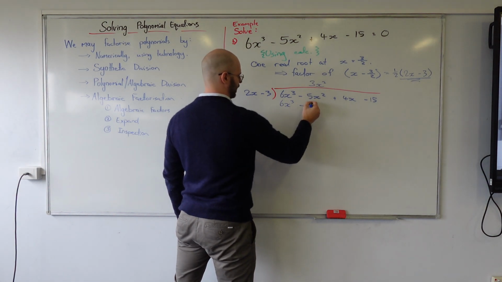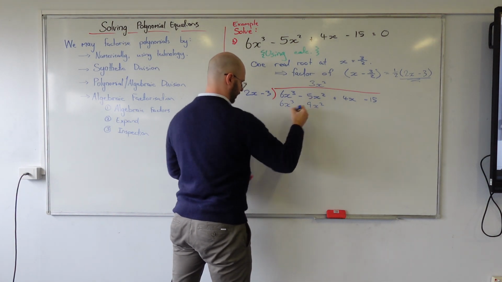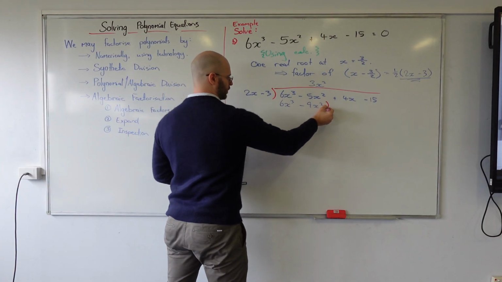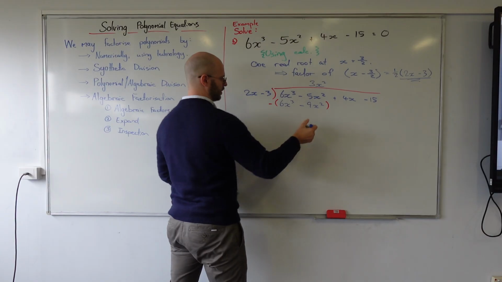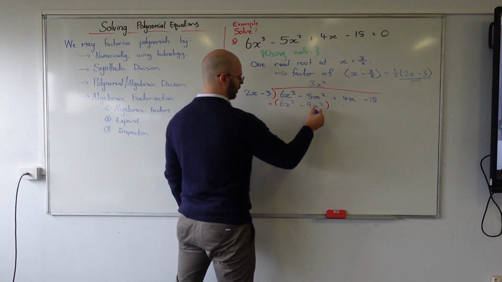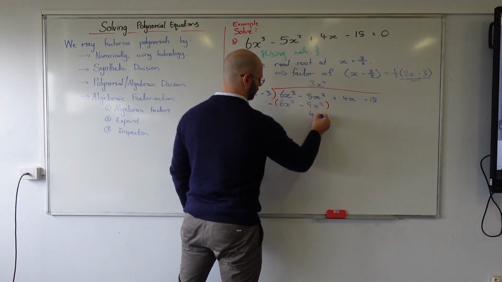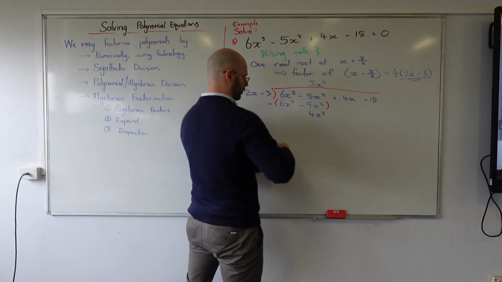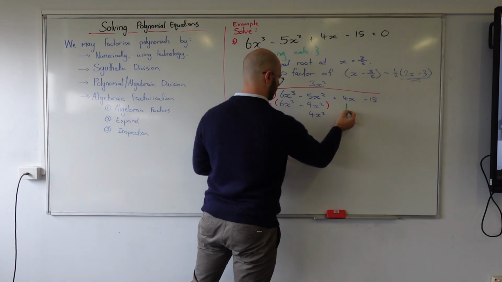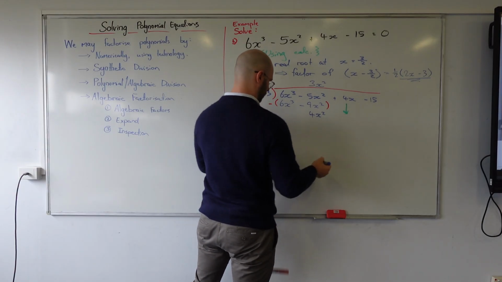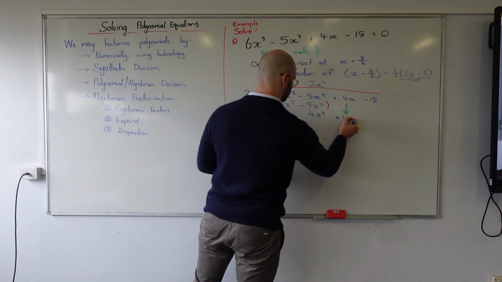So that will be 9x squared. Go for the subtraction. Nothing to do here, it's zeroed out. That will be plus 9, so it'll be 4x squared. Bring down the 4x.